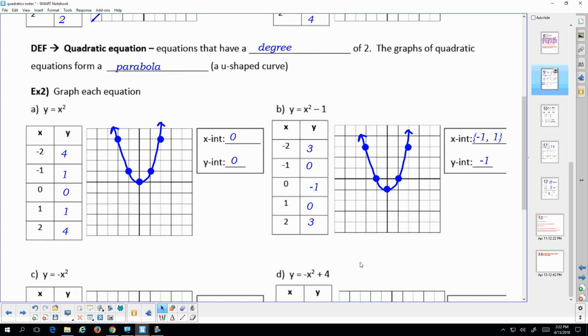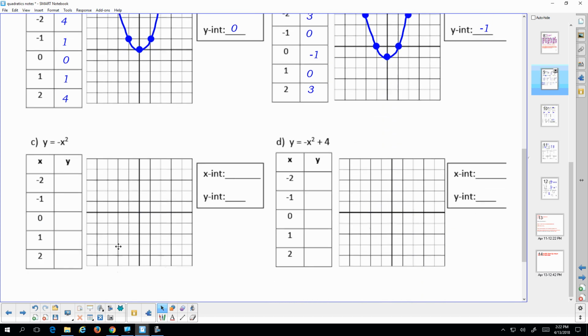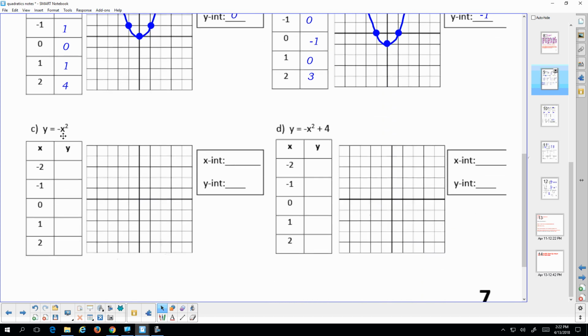All right, I'm going to do 2 more here. So this one is -x². If I have -x², here's something you got to be careful of. When I'm doing this problem, if I have negative and then -2², that's what this is going to look like. It's negative and then -2².